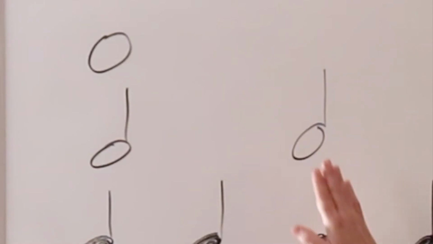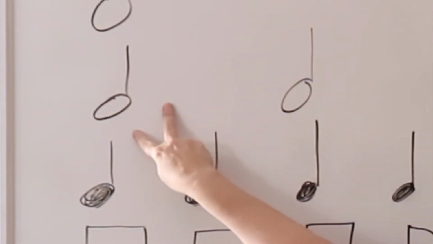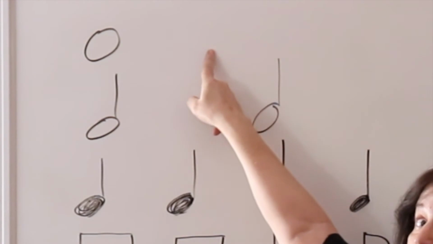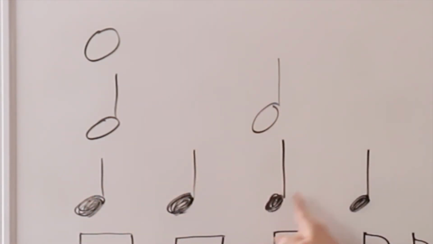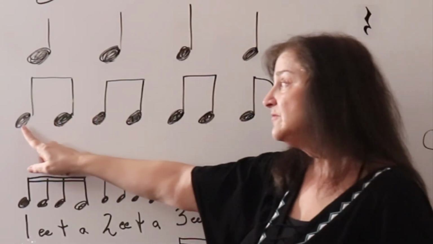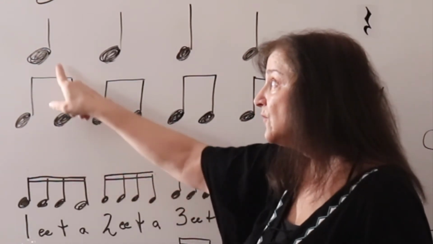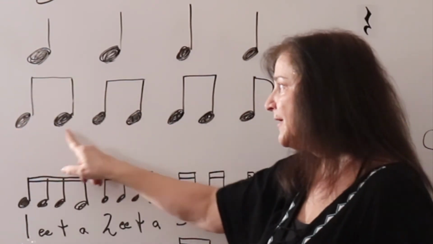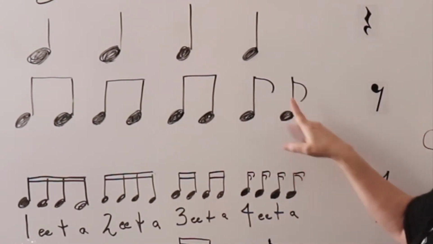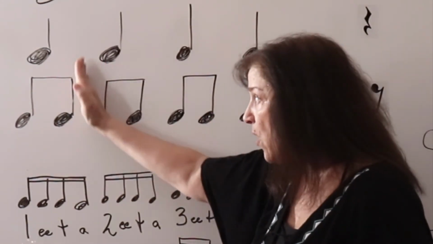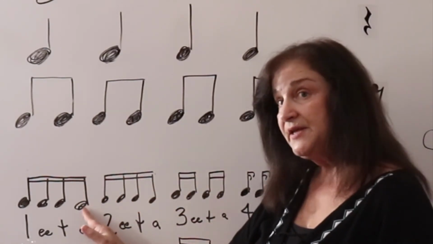To review, a whole note is 4. Half of a whole is 2. A quarter of a whole being 4, is 1. 1, 1, 1, 1. And then an eighth note is half a beat for 1 beat. 1 and 2 and 3 and 4 and. Dividing that 1 beat into 4 equal parts is a 16th note.